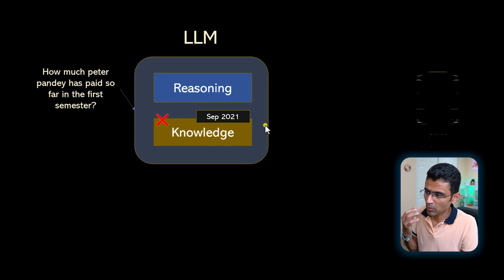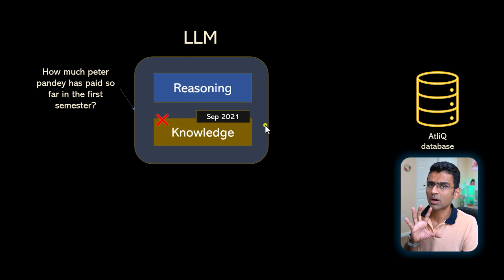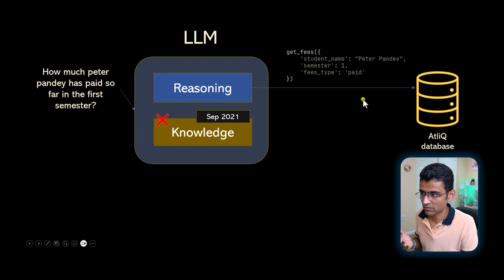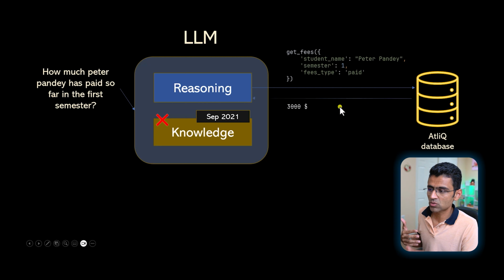And it can probably make a call to a database. So somehow, that knowledge, what is Peter Pandey's fee payment in the first semester, that answer is in this database. We have to somehow make a call to this database, maybe using a Python function that can accept student name, semester, etc. And that should return an answer back.